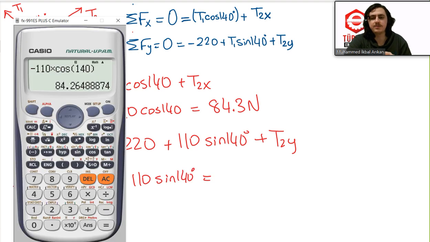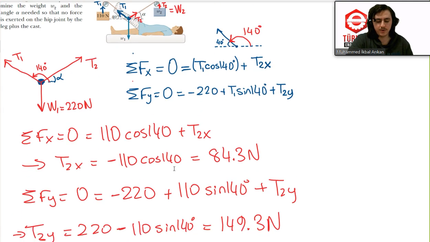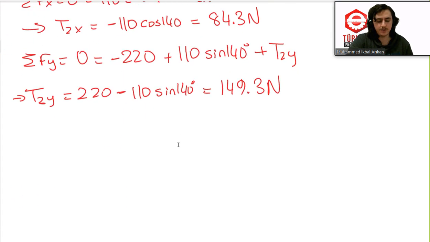So you will see the answer. I have 220 minus 110 sine 140. So I will get 149.3 newtons.